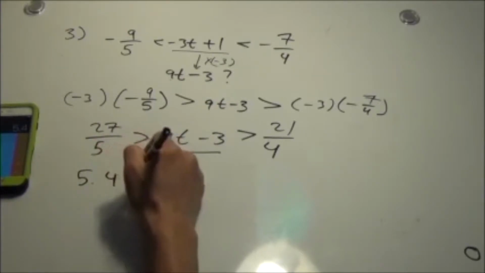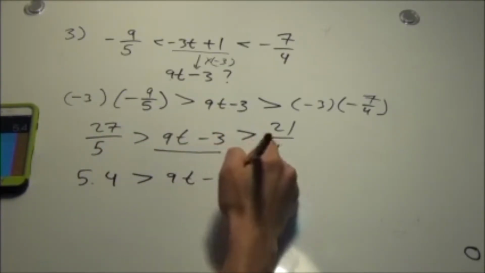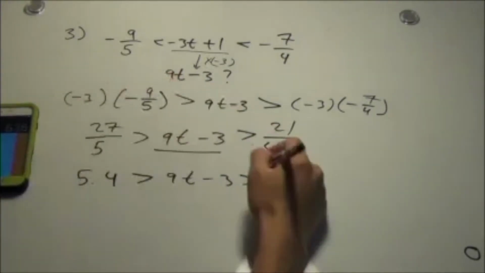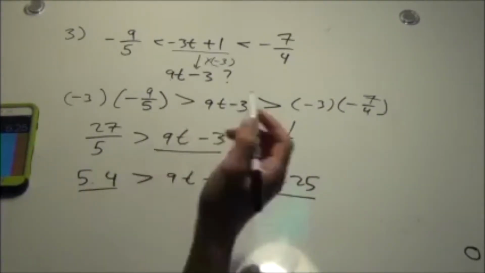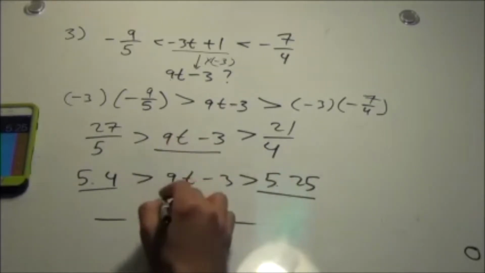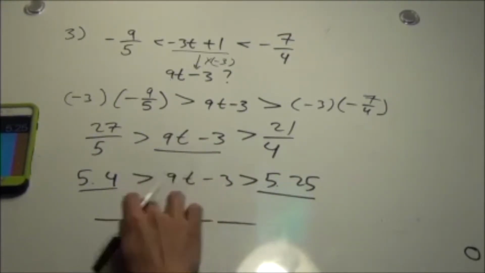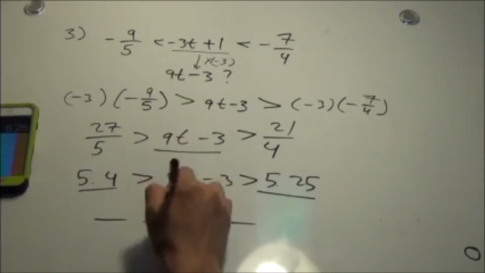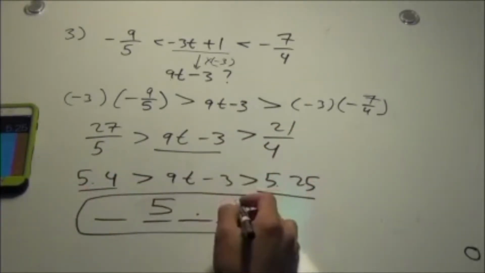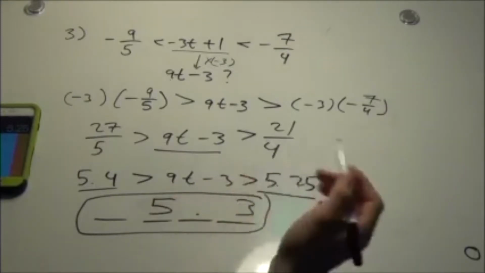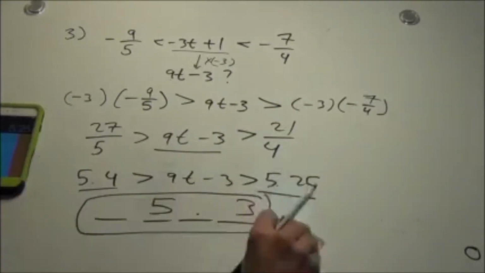This is 5.4 and this is 5.25. So just pick a number between 5.25 and 5.4 and grid it in. So I'd say 5.3, that'll work. You can also do 5.31, 5.32, etc.